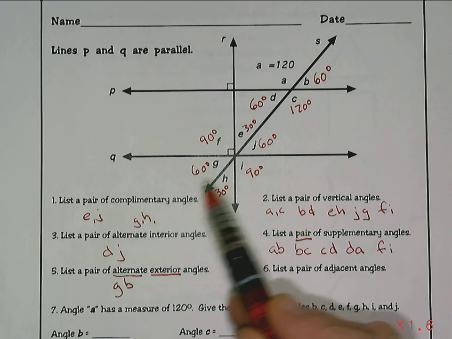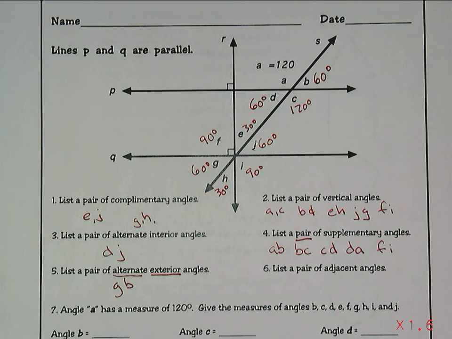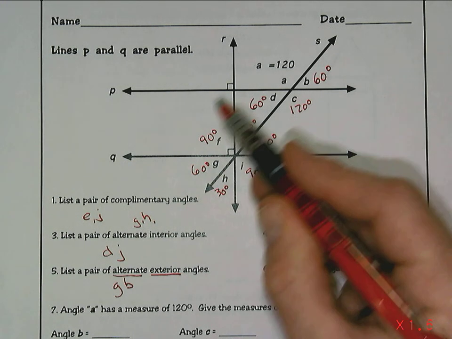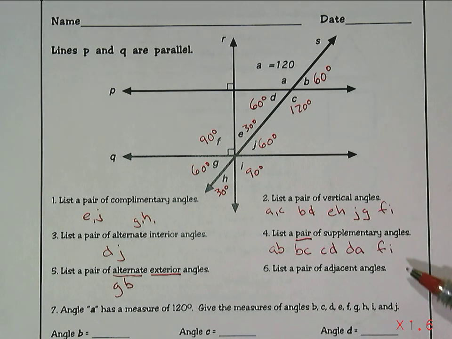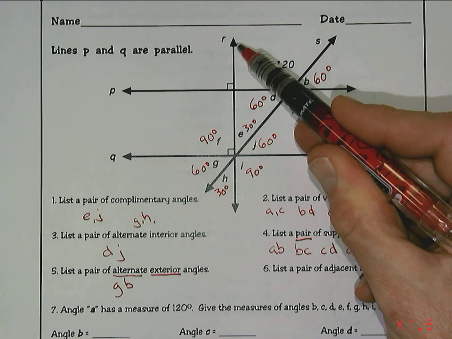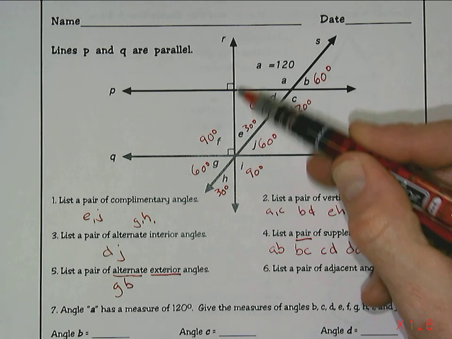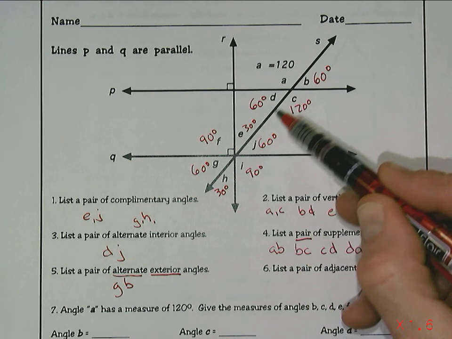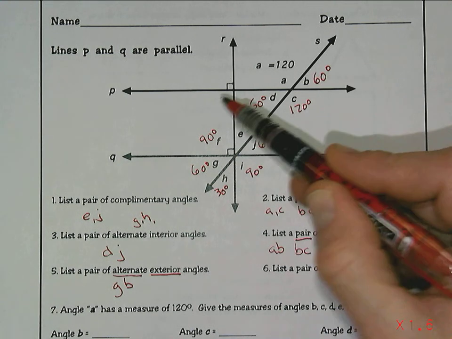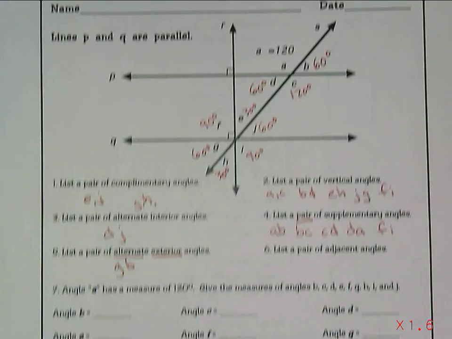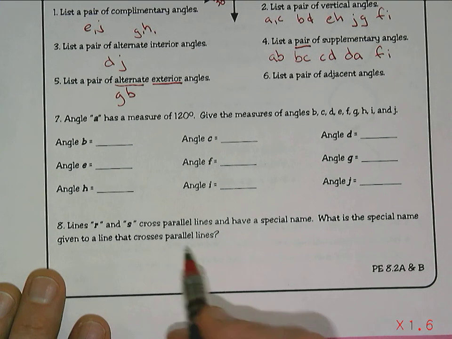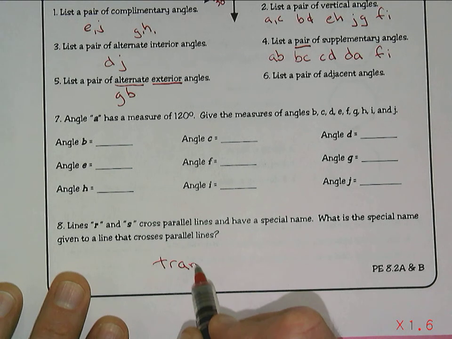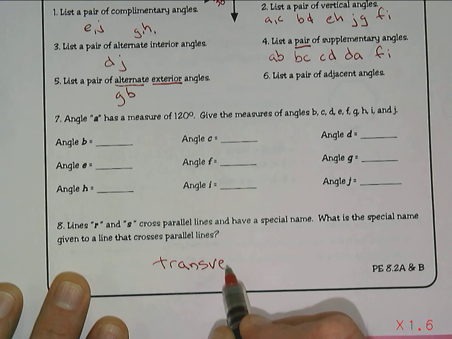We've also answered one more question on this part of the practice test, along with all the angle measures that we did earlier in the first video for this test. We also answered what the name of these lines are. The line that comes this way, and this one here that cut across the parallel lines. And the name of that is called a transversal line.